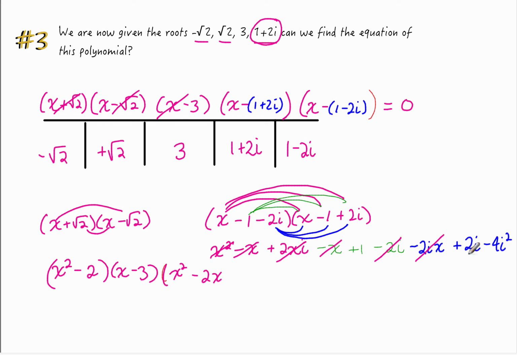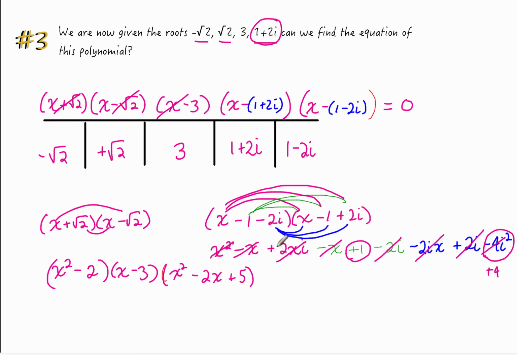A minus 2i and a positive 2i cancel each other out. I have a plus 1, and remember right here, this is really going to be a plus 4 because negative 1 times negative 4 is plus 4, so that results in a plus 5.